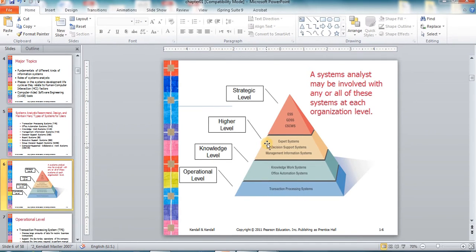So each managerial level will use a certain type of software that has characteristics very different from software used at other managerial levels.